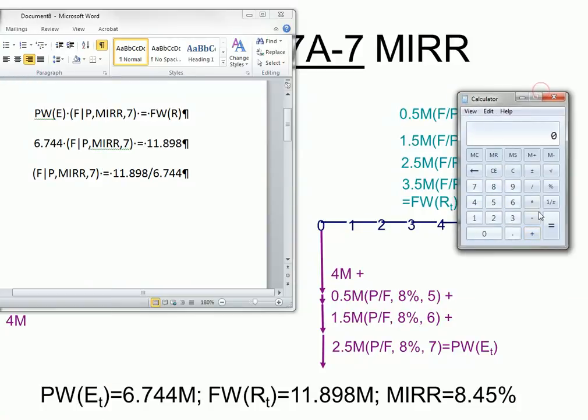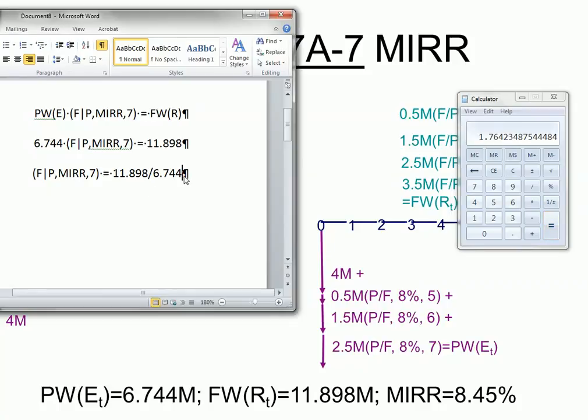we're going to have this. So the F given P, MIRR, 7 is going to be 1.764 and then 2 approximately.